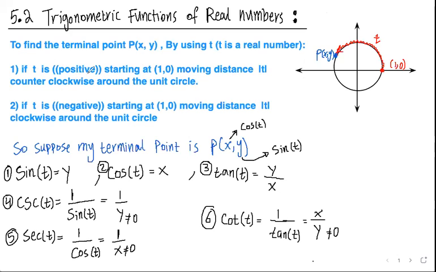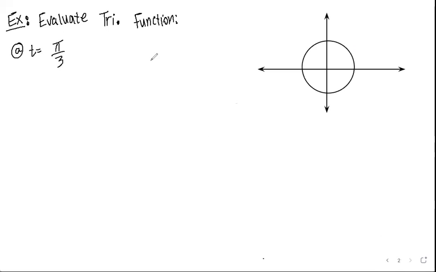See number 1, if t is positive. So here t is positive pi over 3. So starting from this point, moving around this circle, this distance is pi over 3. Like, start from this point, moving like this, here's the pi over 3.